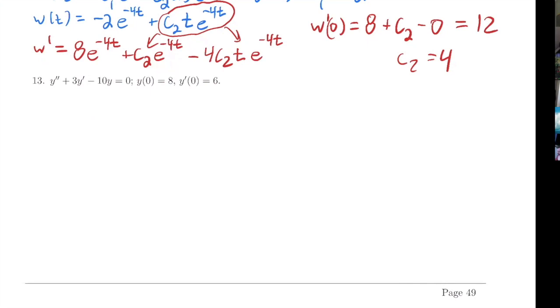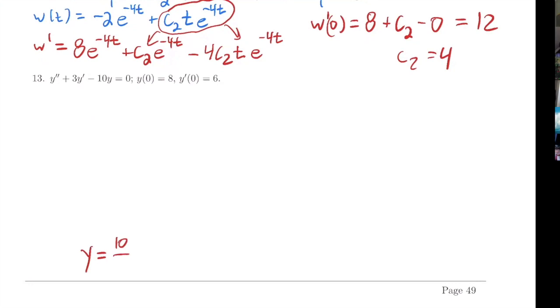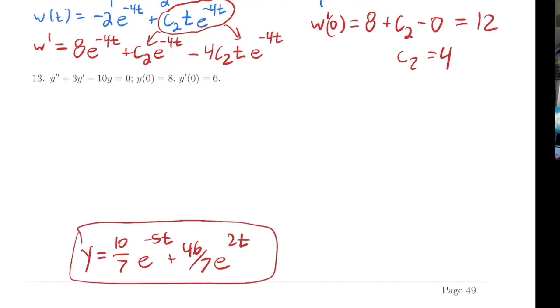If you've already done it and you're curious about whether your answer is right or wrong, I could quickly tell you that the solution here would be 10 over 7 e to the minus 5t plus 46 over 7 e to the 2t. If you got this, that's great. If you got something close to it and you're not quite sure why it's off, I'll walk through this now. But I'll just stop so you guys can go if you've got somewhere else to go.